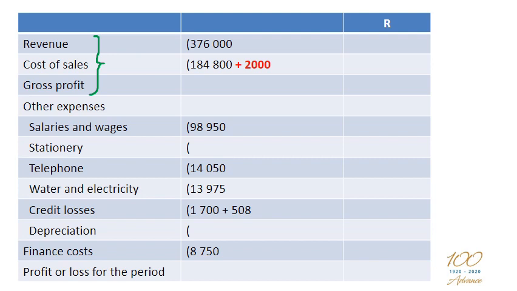So the inventory deficit will have a direct influence on my trading activities. Therefore, I add the inventory deficit to my cost of sales, which was given in the pre-adjustment trial balance. It's not a separate item under other expenses because, like I just explained, the inventory deficit will directly influence your trading activities.